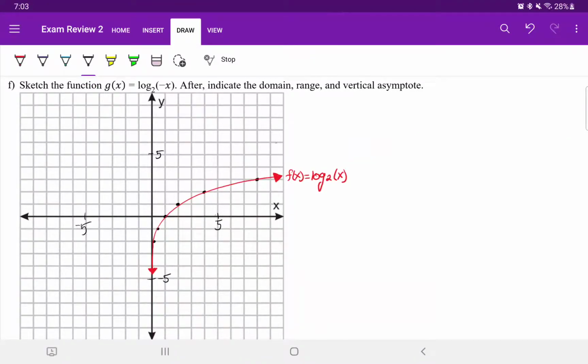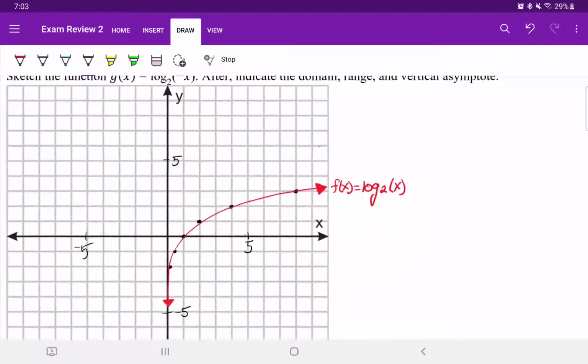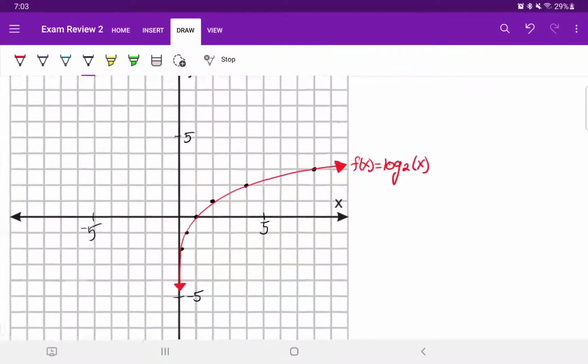Now, because here we have a negative attached to the variable, we're going to reflect the function across the y-axis. When I reflect across the y-axis, I change the sign of every x coordinate. So in this case, to sketch g of x, which is going to be log base 2 of negative x, that is just the graph reflected across the y-axis.